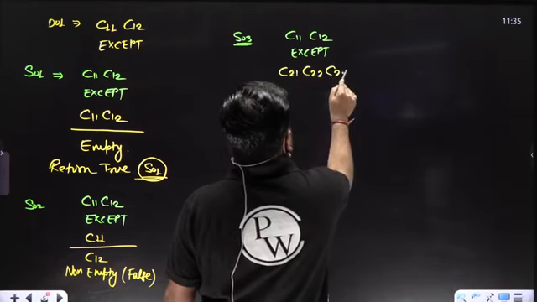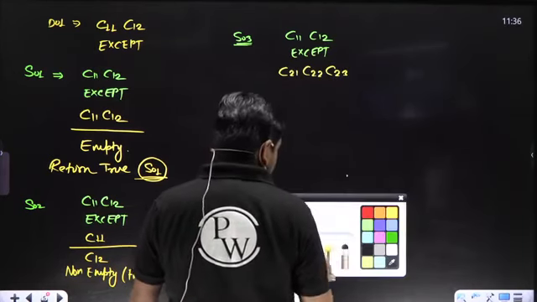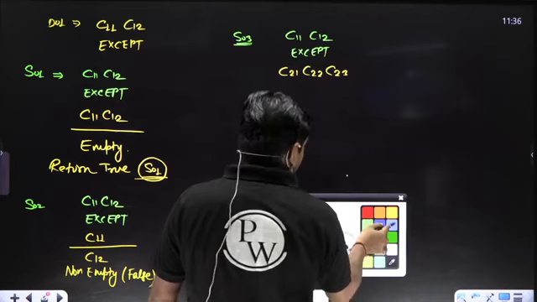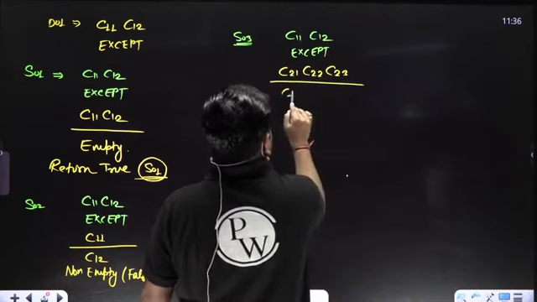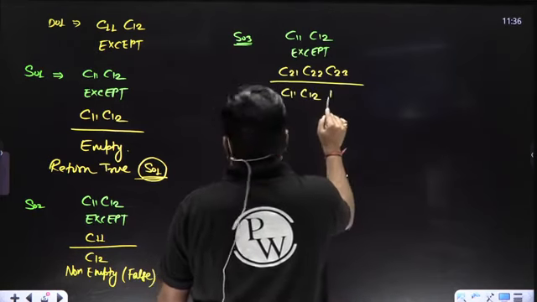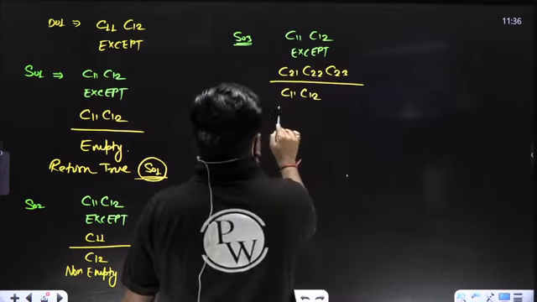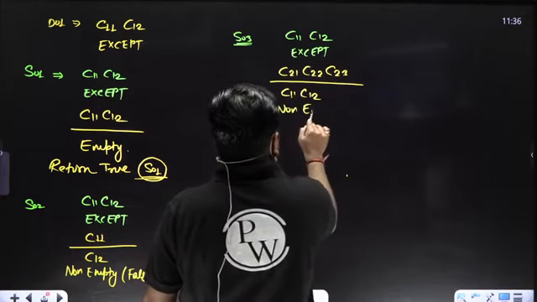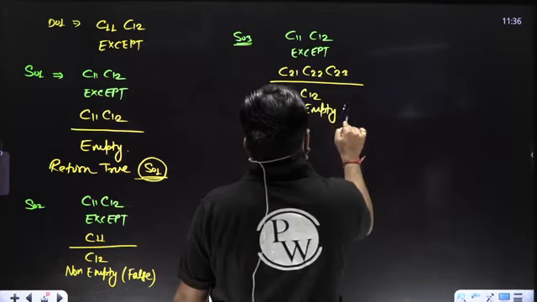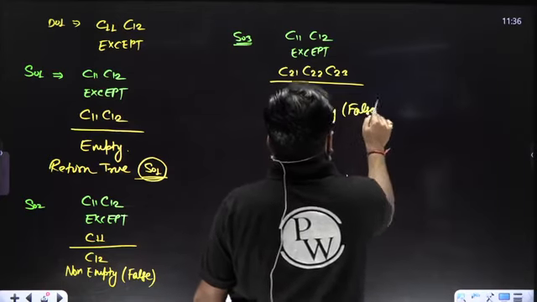So what are we getting in output? We are getting C11, C12, which means non-empty. Return false, nothing will be selected.